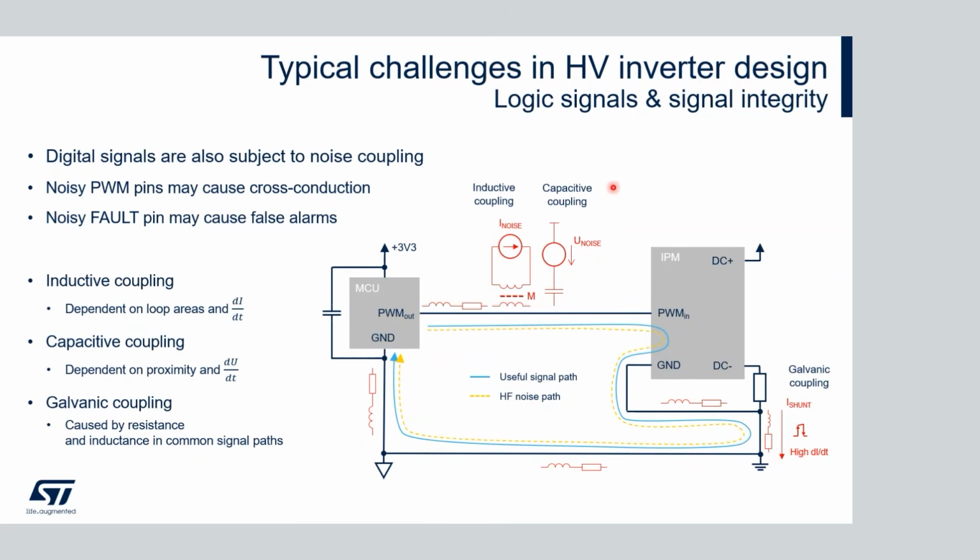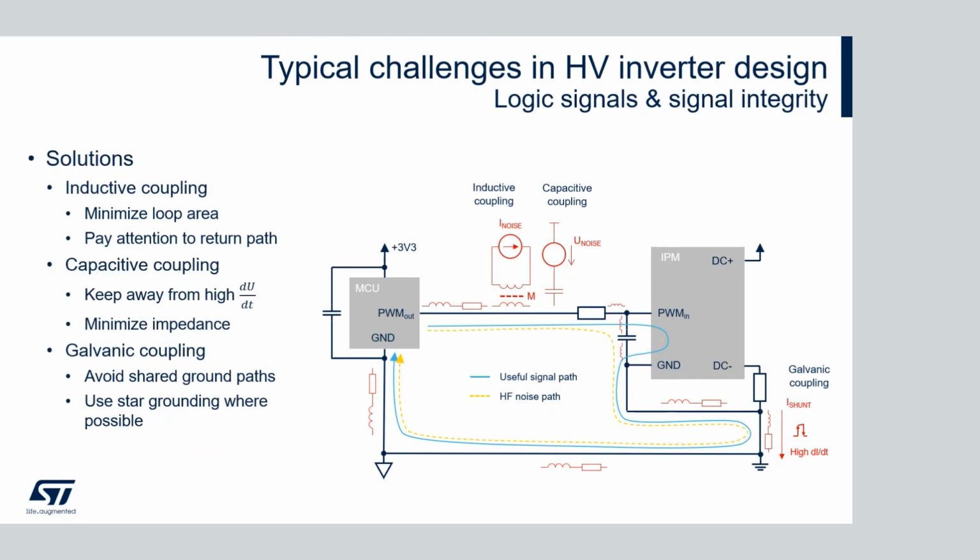The second one is capacitive coupling, coming from a high rate of change of voltage in the neighboring voltage nodes, coupling through parasitic capacitance to the signal. And the last one is the galvanic coupling, which comes from sharing the signal path with other signals and depends on the resistance of the shared path, the inductance, and the rate of change of the current in that path.